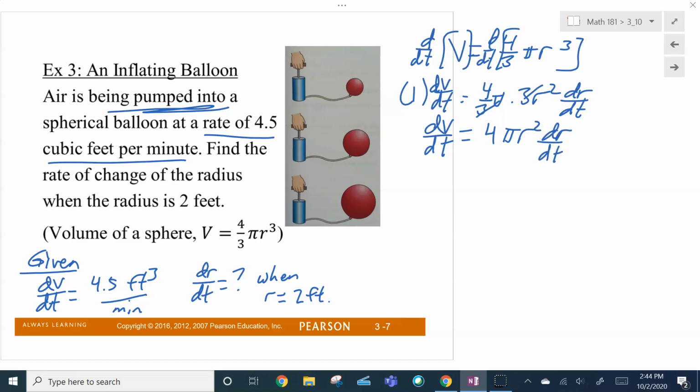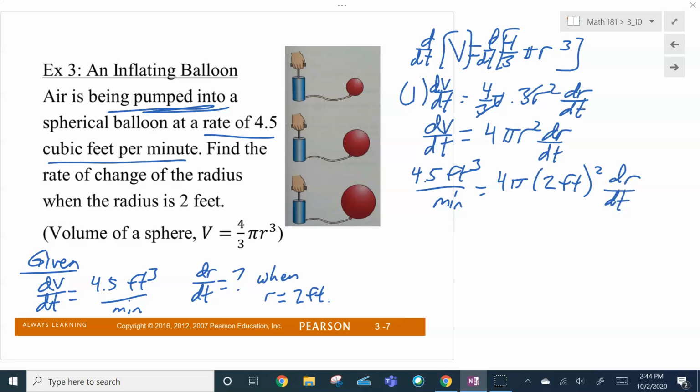We know dV/dt, the rate of change of the volume, is 4.5 cubic feet per minute. 4 pi, our radius is 2 feet, so 2 feet squared. And we're solving for dr/dt.